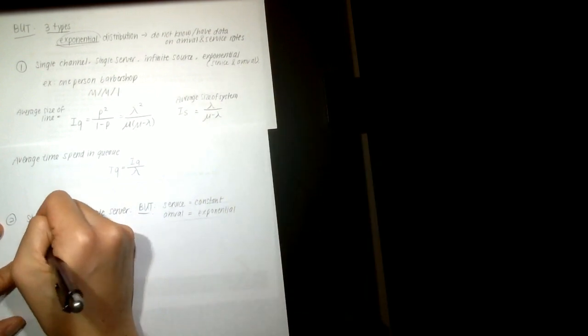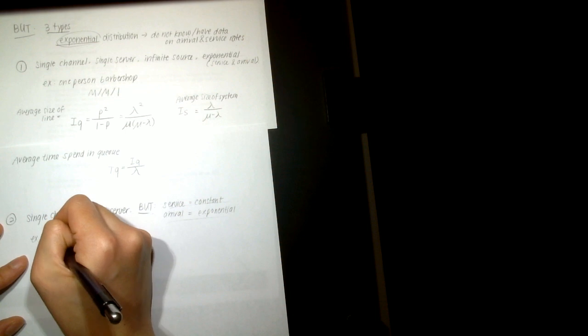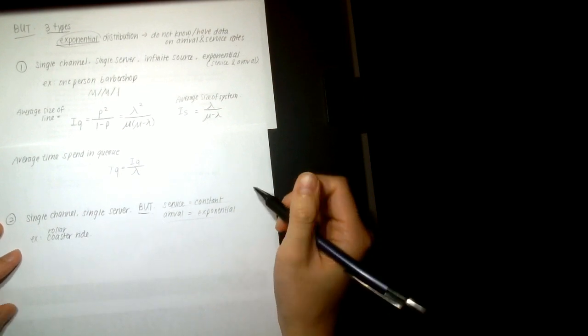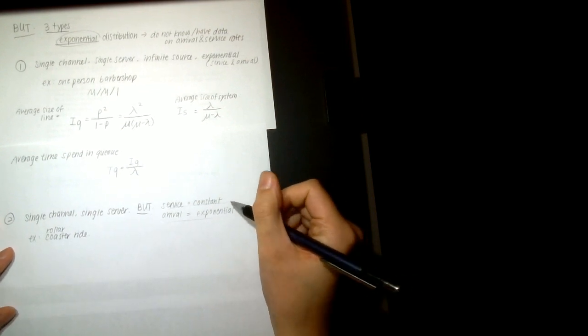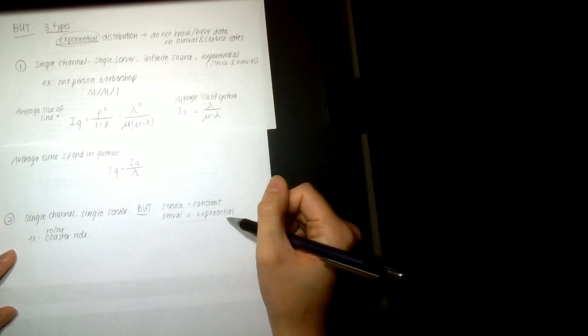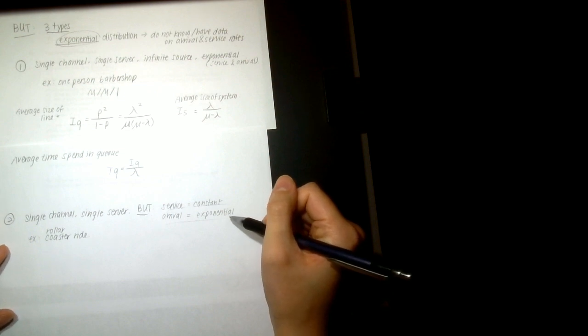So again, an example of this would be a roller coaster ride. So the people who want to go on the ride would arrive at different rates, but the number of people served would be the same because the roller coaster would go around at similar time intervals.